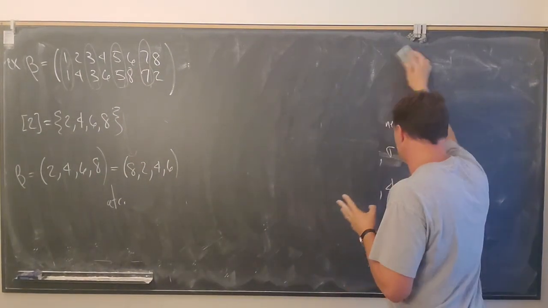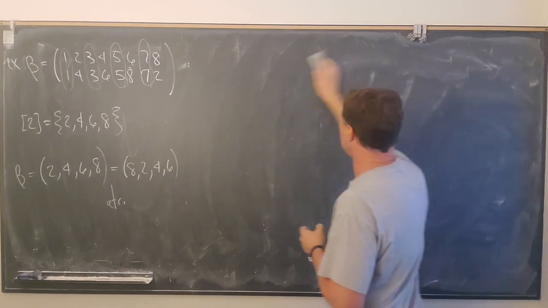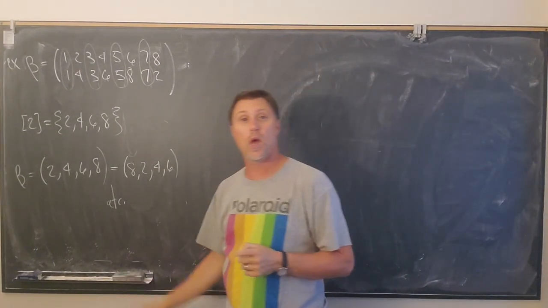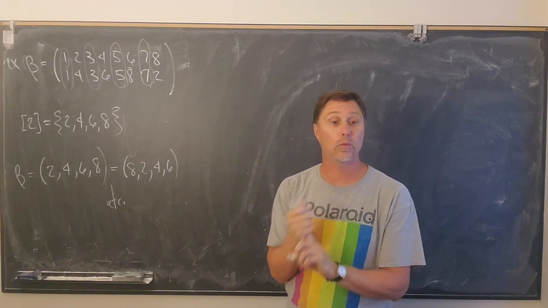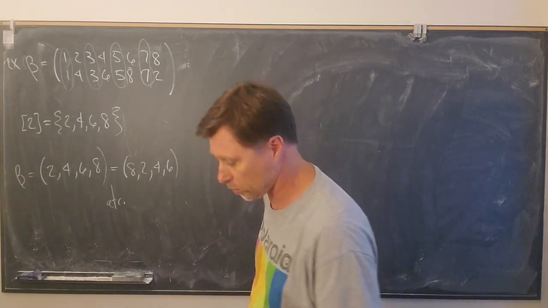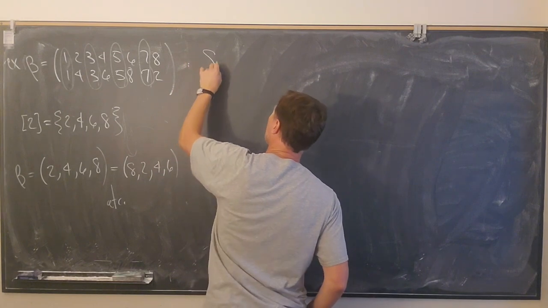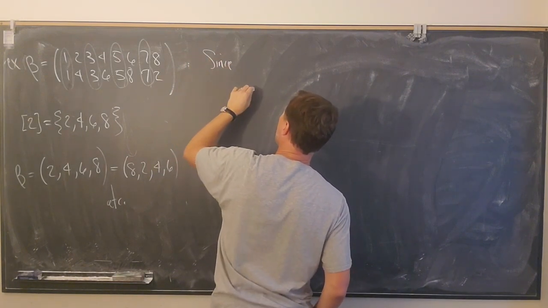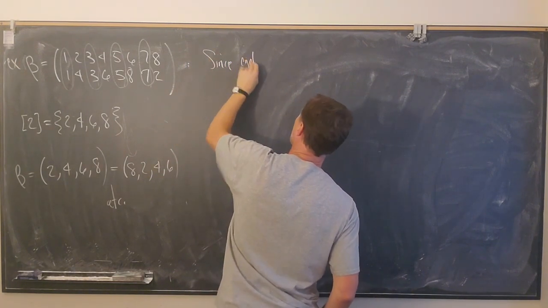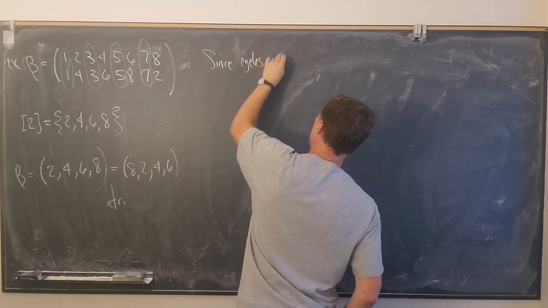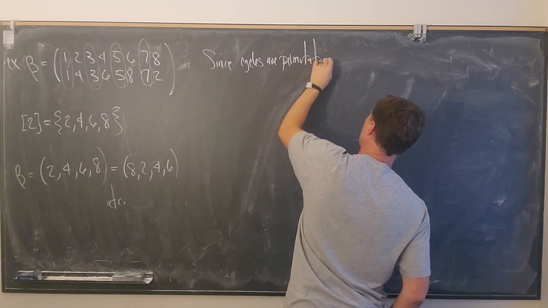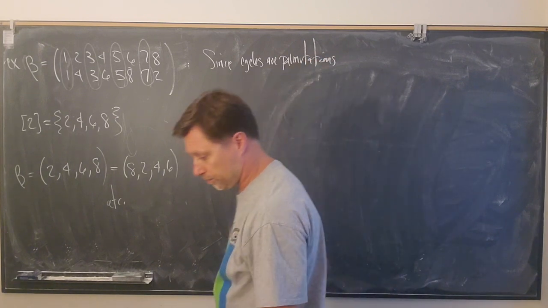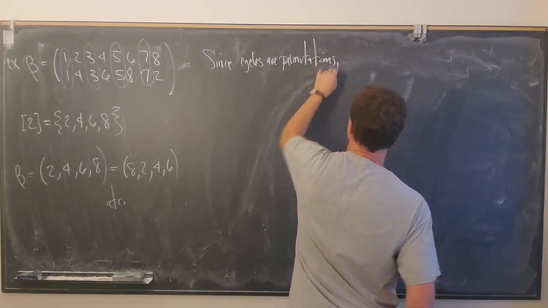But here's the thing to notice. Cycles are permutations, which means that they're elements of the symmetric group, and we can multiply elements in the symmetric group. So since cycles are permutations, we can multiply them.